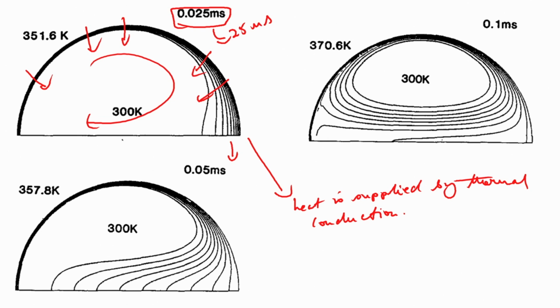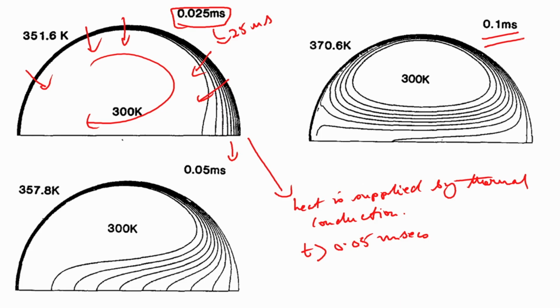Now, when we go beyond 0.05 milliseconds, when the time is greater than 0.05 milliseconds, actually we are showing an instant of 0.1 second over here.